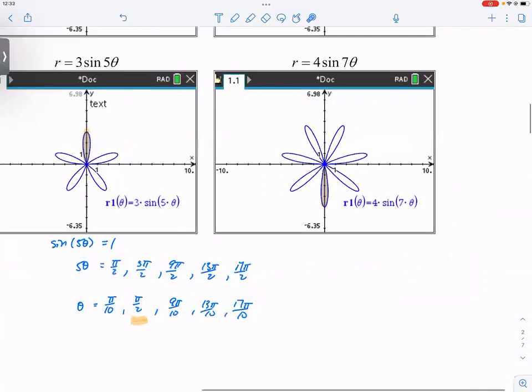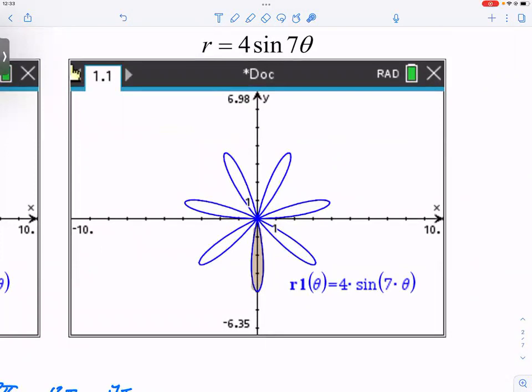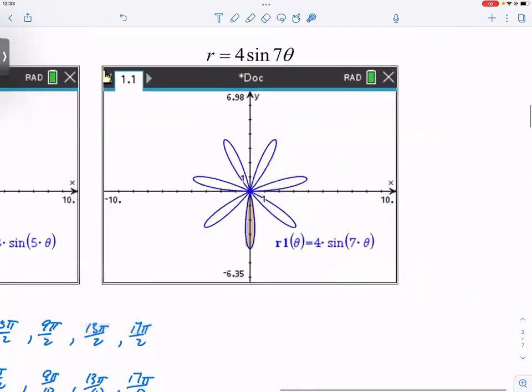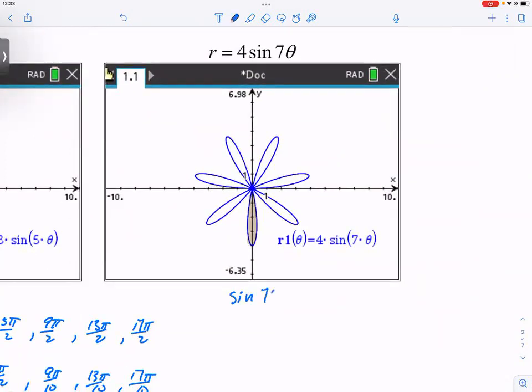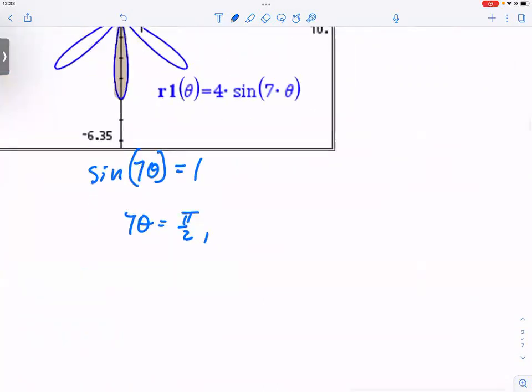So let's just pretend that we don't know about the shape of this graph. And we say, well, where will the petal align? Is it the positive y-axis or negative y-axis? So we ask the same question: sine of 7 theta is equal to 1, so 7 theta is equal to pi over 2. You continue to list them until you see a multiple of 7 appear.